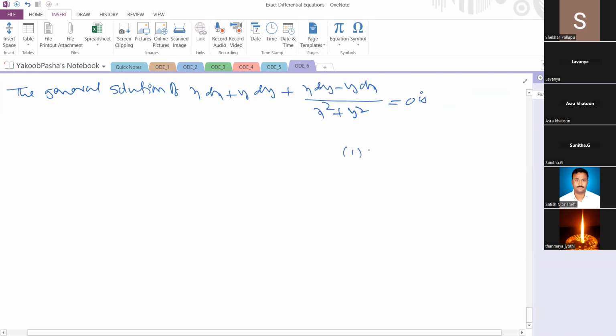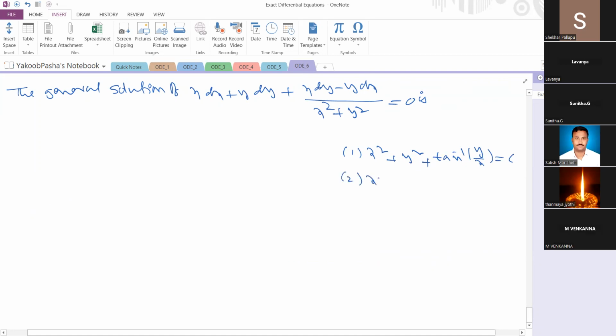First option, x square plus y square plus tan inverse y by x is equal to c. Second option, x square plus y square minus tan inverse y by x is equal to c.